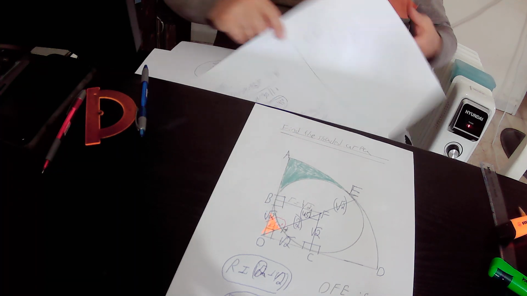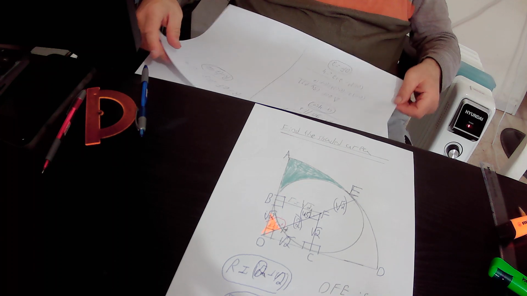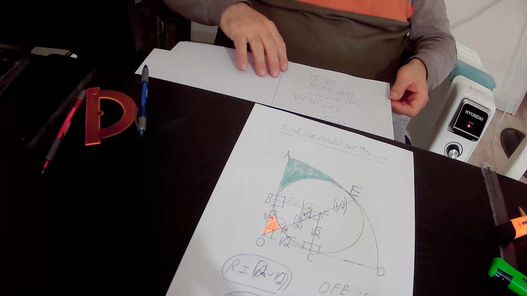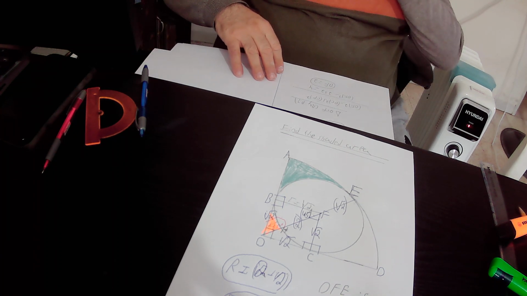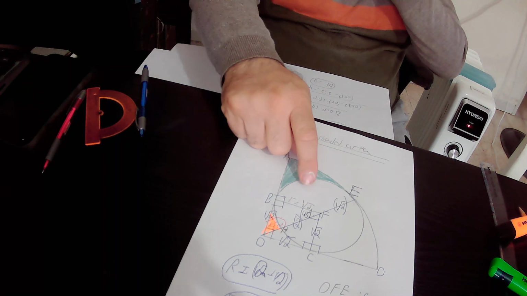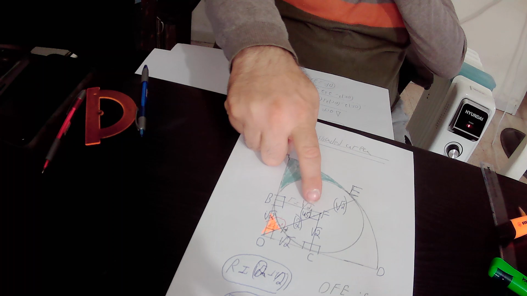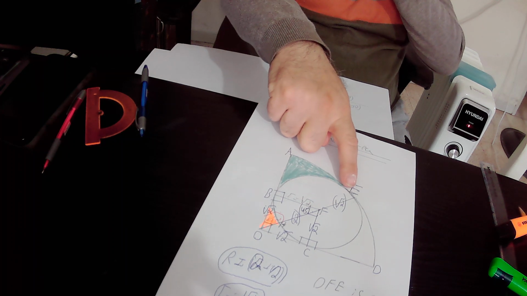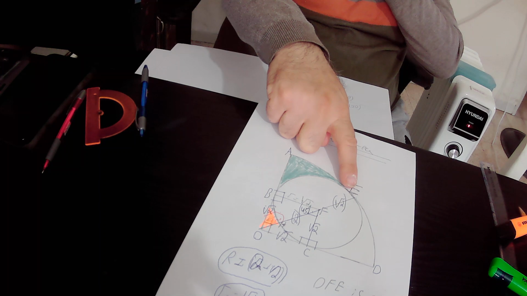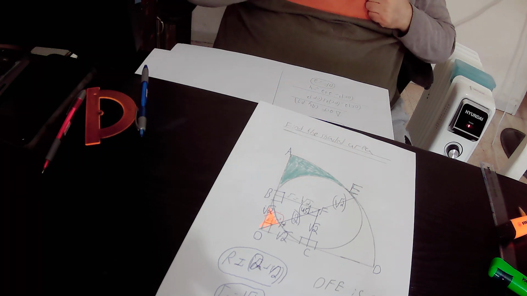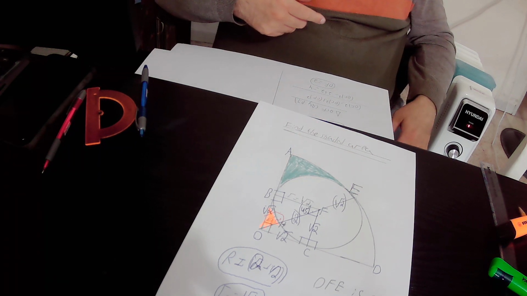Okay, so in the next step, we extended the line segment OF by a straight line until it touches this circle and quarter circle, and we have here rule 9.